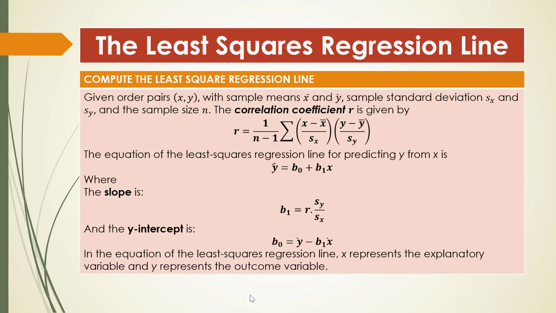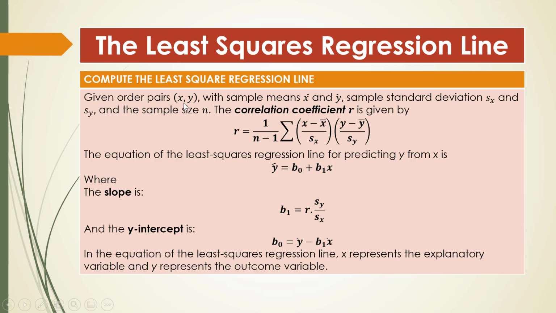Now we learn how to compute the line. So this is how we find the slope and the intercept of the least squares regression line. Remember, the least squares regression line is a straight line, so we need the slope and the intercept in order to construct the line.